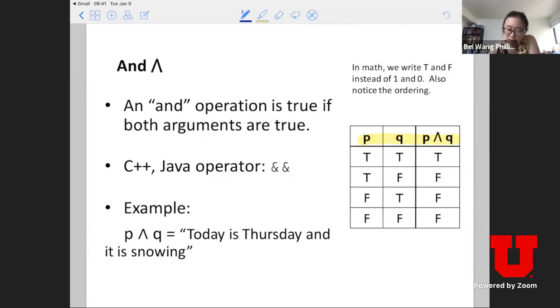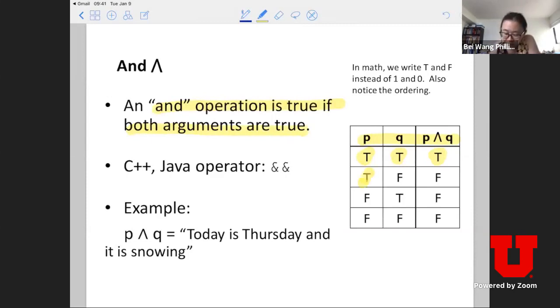In this case, the first column corresponds to the possible values for P, and the second column is all possible values for Q. And the third column is the result of the AND operation. For example, if my P variable is true, my Q variable is true, then P and Q is true. Remember, the AND operation is true if both arguments are true.